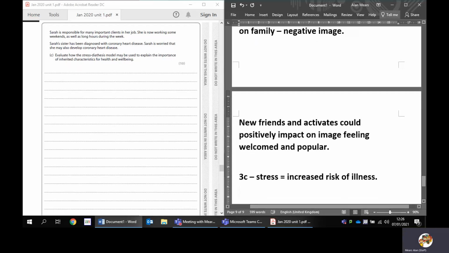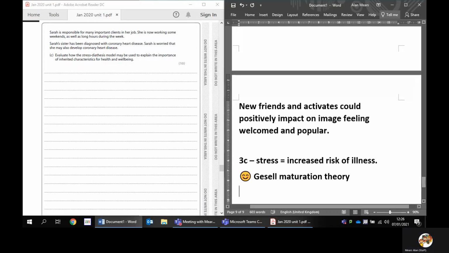So essentially it's evaluate. So we're going to agree, this is true. We can also bring in Gesell and maturation theory. So the idea that you are born with conditions, they might develop as you age, but stress can sometimes be a trigger for them. So we've got Gesell. We can talk about hereditary conditions.